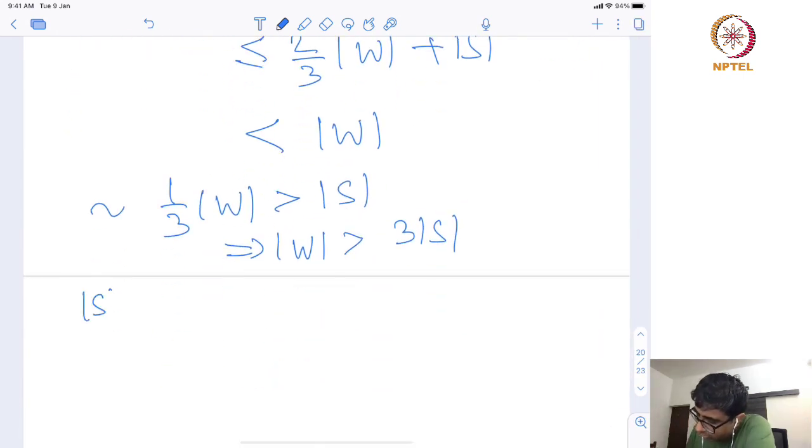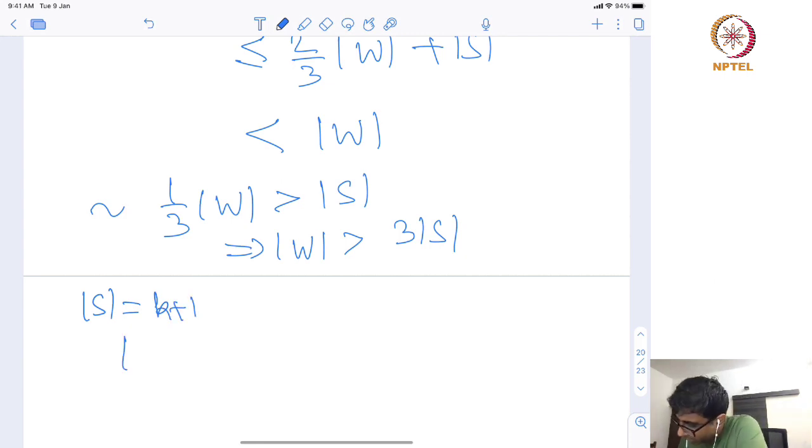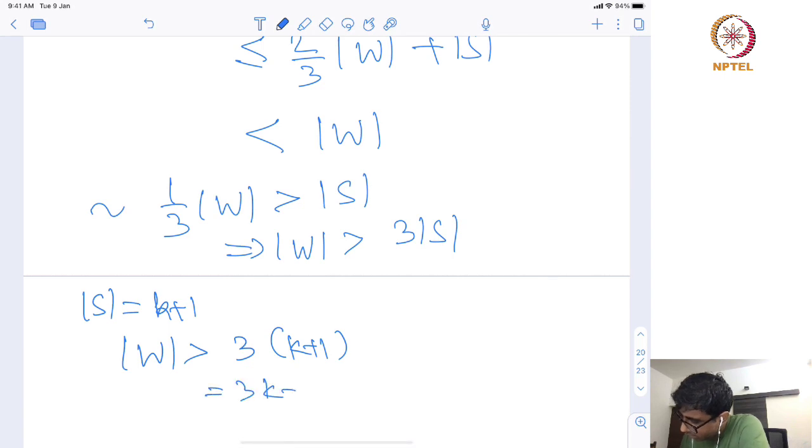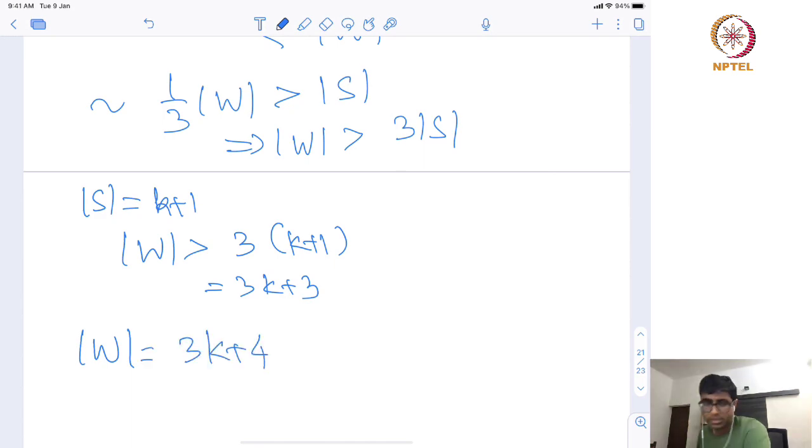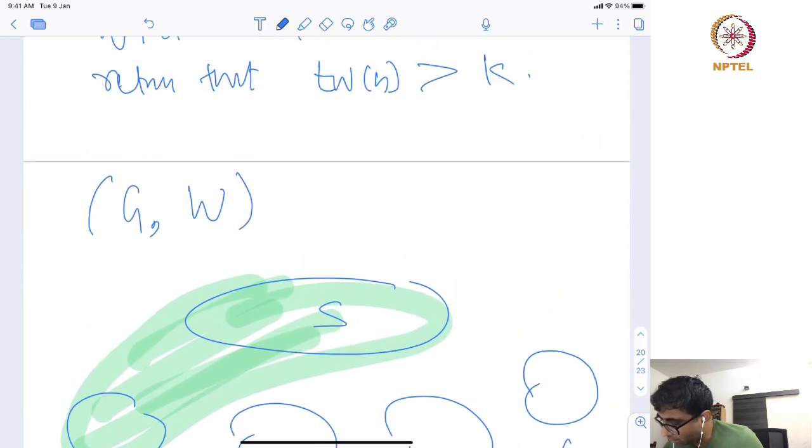I know that mod S has size k plus 1. So W better be 3 times k plus 1, which is 3k plus 3. So now I am going to set W equal to 3k plus 4. Okay, that is it. So I am going to run my algorithm.